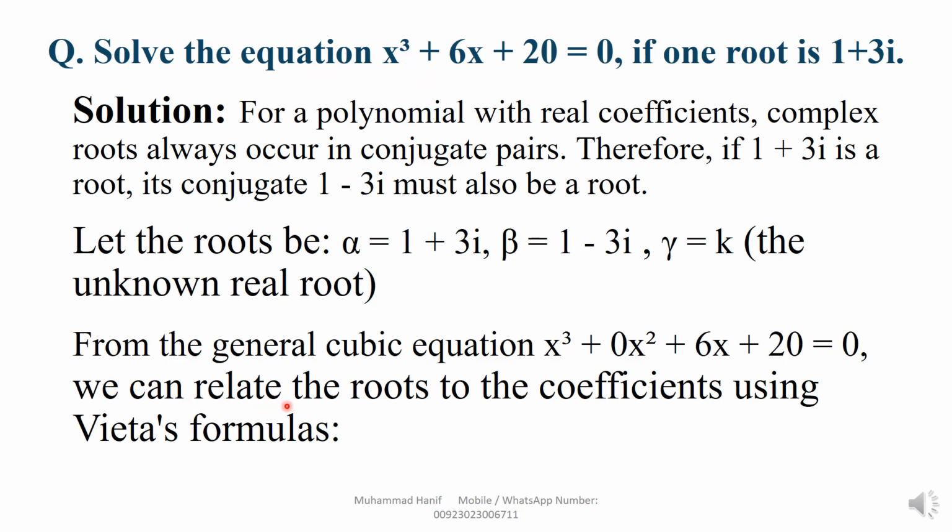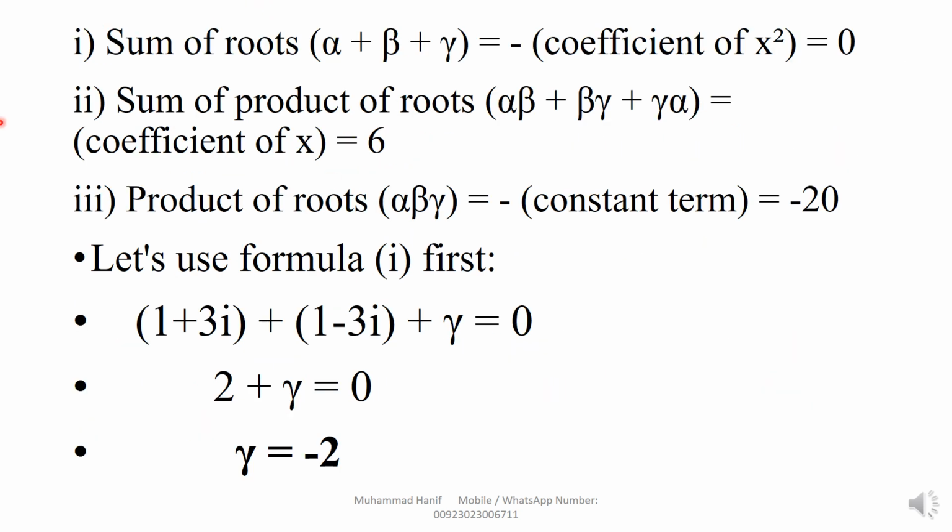We can relate the roots to the coefficients using Vieta's formulas. Sum of roots: alpha plus beta plus gamma equal to minus coefficient of x square equal to 0. This is the first condition. Sum of product of the roots: alpha beta plus beta gamma plus gamma alpha equal to coefficient of x equal to 6.